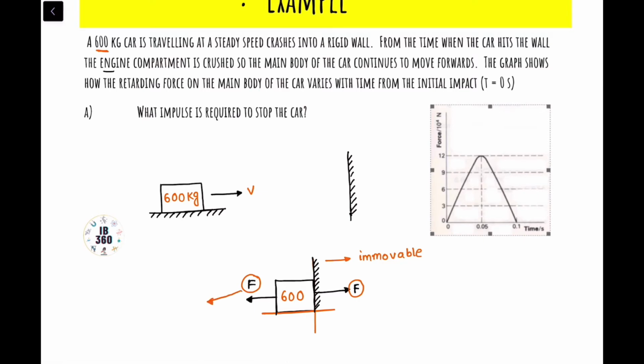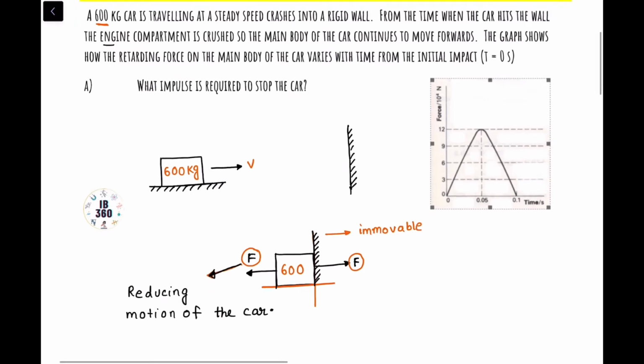The force acting by the wall on the car is reducing the motion of the car, because the force is acting in the opposite direction to the motion. So it will reduce the motion of the car.